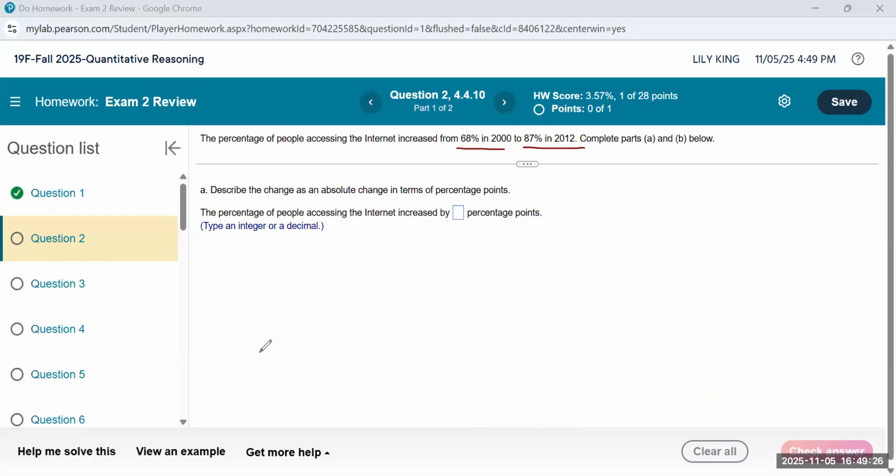The most recent year is 2012. So this value is our new, and the 68% is our old. So new minus old, for absolute change, we have 87 minus 68. And this is 19 percentage points.